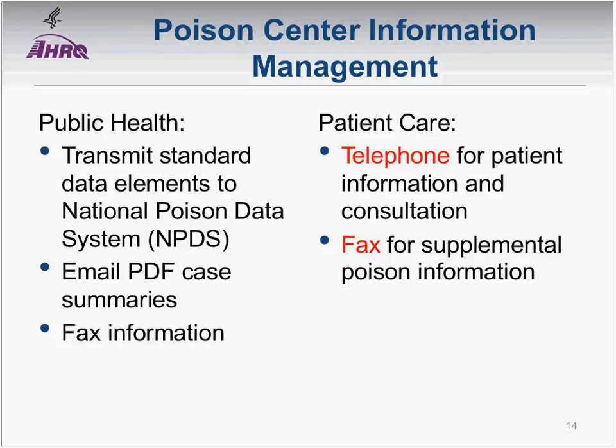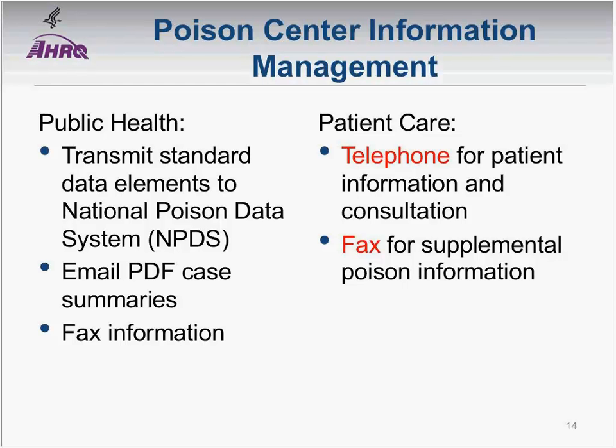So how do poison control centers manage the data and information that's associated with this entire process? They use a case-based poisoning information system, of which there are several available. Toxicall, a proprietary system, seems to be the most widely used. And for public health purposes, this data is used for epidemiology and surveillance.